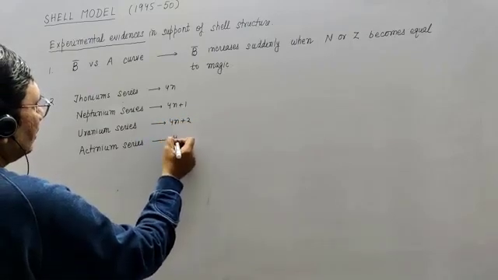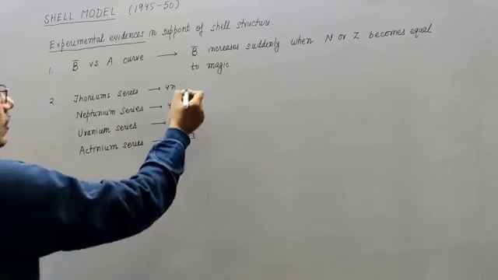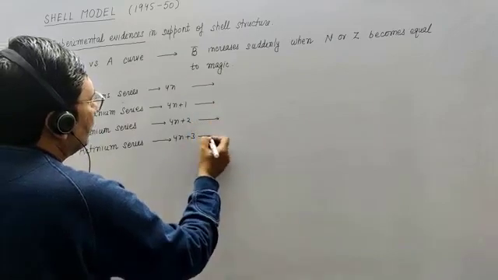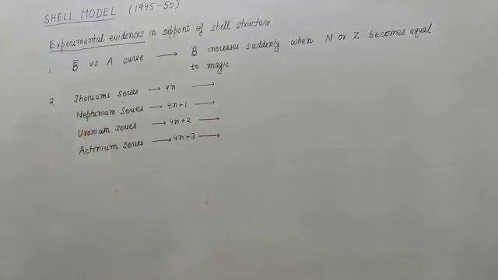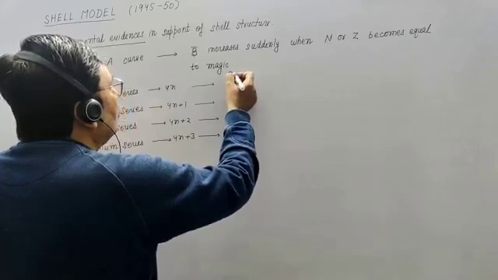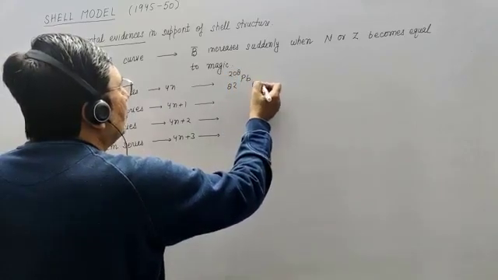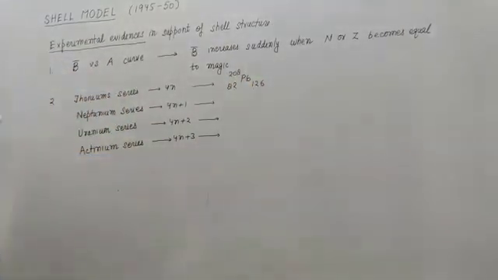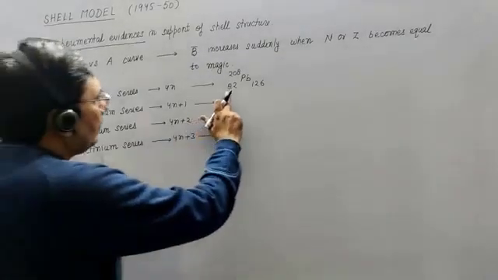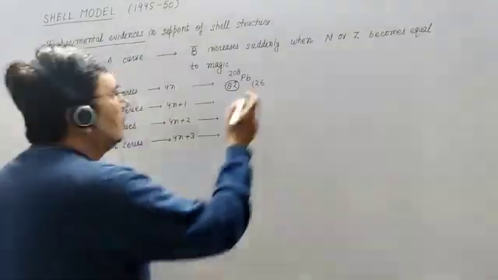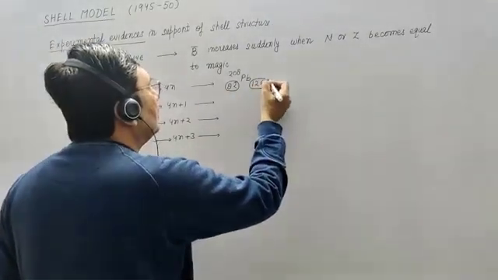So what they were observing in all 4 series was their end product. What is the end product of these 4 series? For the thorium series, it is 82Pb208, with 126 neutrons. This is the number of protons, this is the number of neutrons, and this is the A number. They observed that this number 82 is a magic number, and this number 126 is also a magic number.